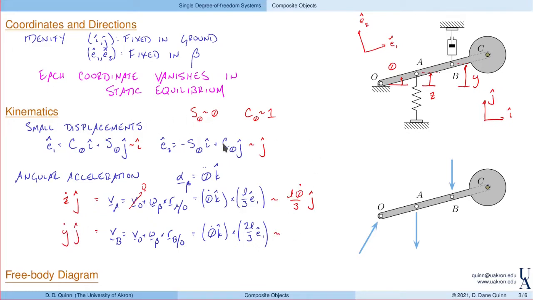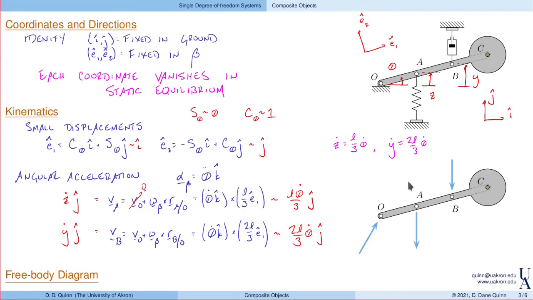And again, for small displacements, E1 is basically I, so K cross I is equal to J, and we get 2L over 3 theta dot in the J direction. Right, so here, Z dot is equal to L over 3 times theta dot, and we find that Y dot is equal to 2L over 3 times theta dot. Once again, this is for small displacements, right? But we're interested in the linearization of this problem, so this all works out.